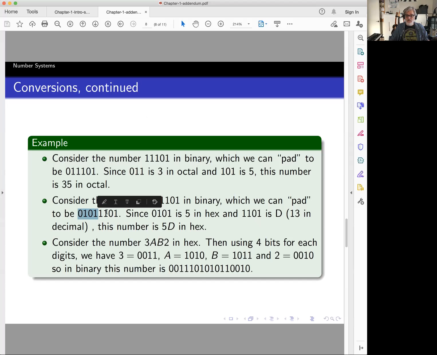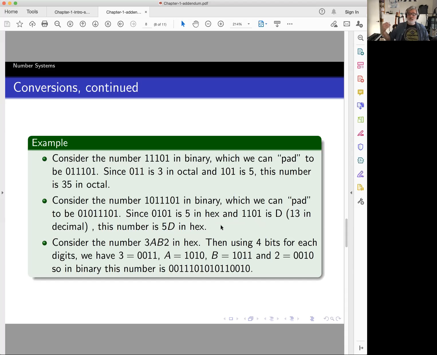But within this number, they've been shifted by 4 to the left, so they're multiplied by 16, right? So 5D, since the other 4 bits, 1101, that's 13, which is D in hex. This number in hex is 5D. But the key point is to understand where the 5 comes from. It's these 4 bits, but they're shifted by 16, exactly like this, right? 5 shifted by 16, okay?